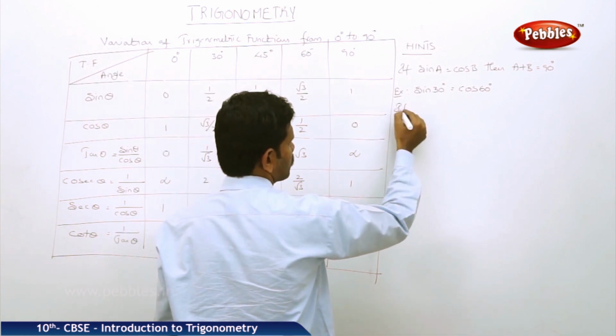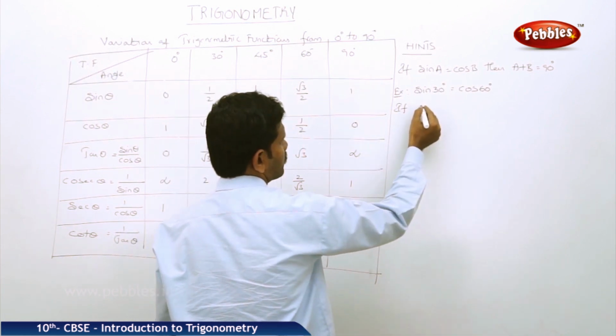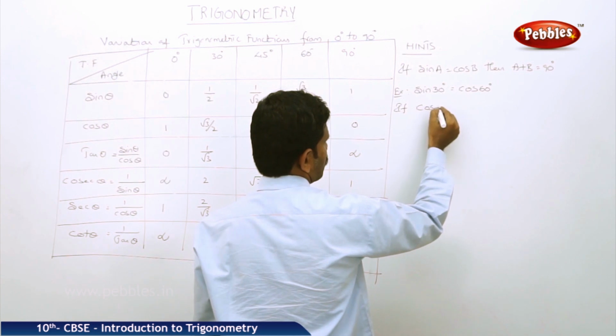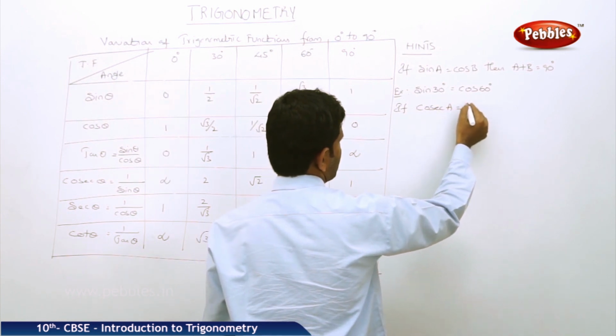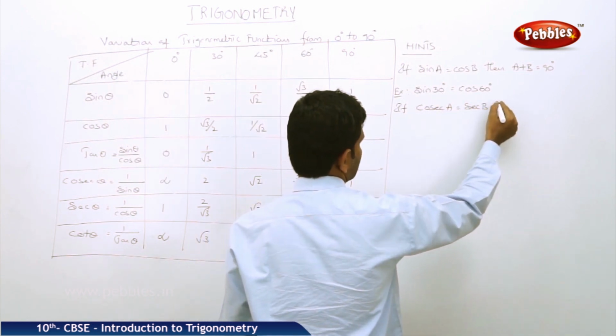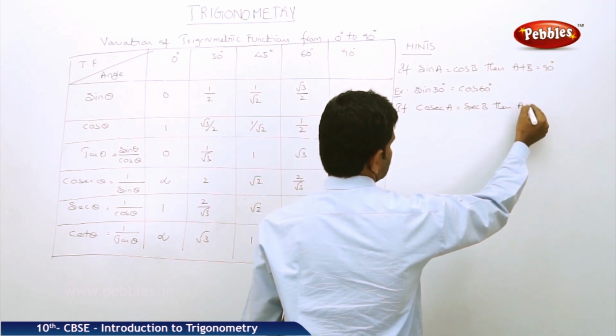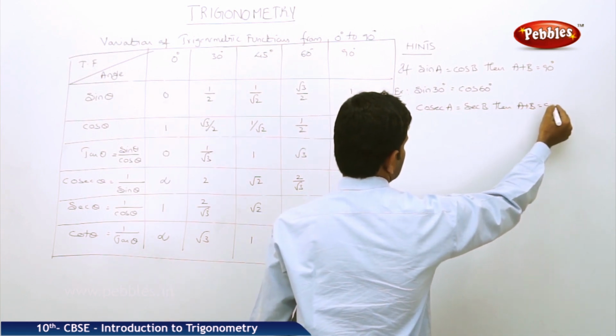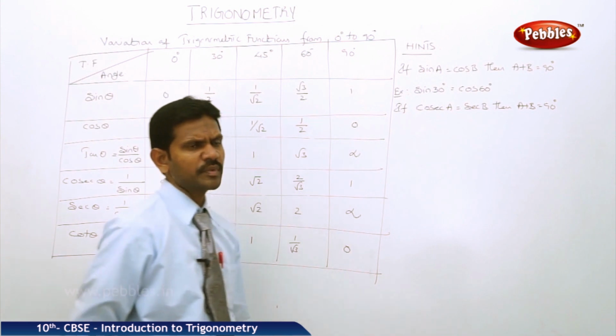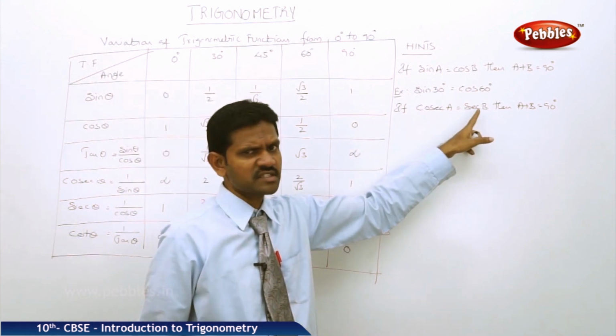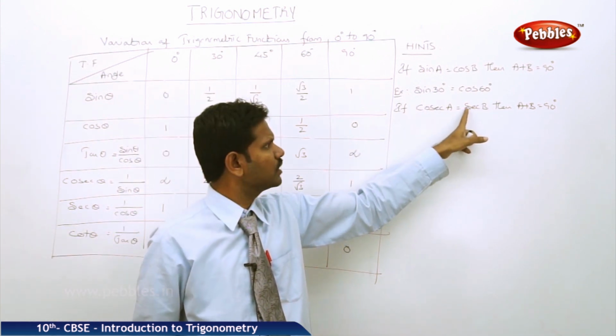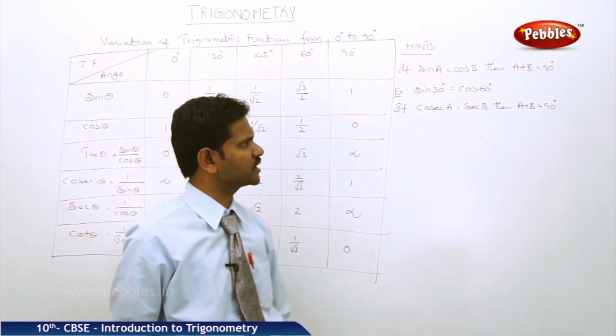Similarly, if cosecant A is equal to secant B, then A plus B equals 90. Cosecant of one angle and secant of another are equal if A and B add up to 90 degrees.